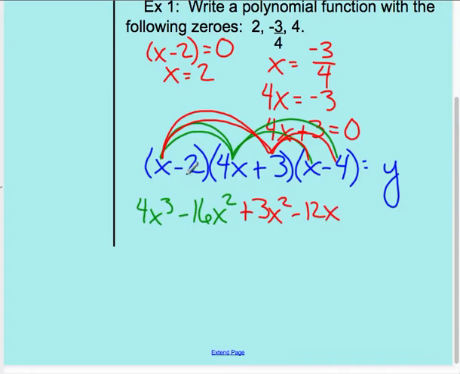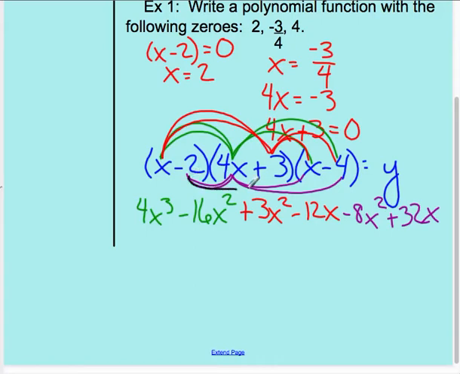So I've got -2 times 4x times x is -8x squared. And -2 times 4x times -4 is 16 times 2 is 32. Is that 32x? And then I'm going to take the -2 times the 3 times each of the two terms in the last one.